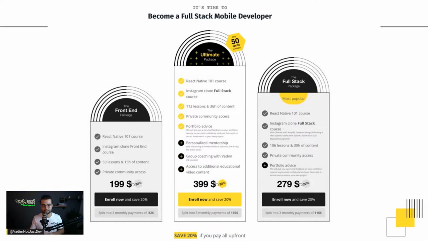It includes everything that the front end includes, and on top of that, the backend side for the Instagram course. Besides that, you also get portfolio advice by the end of the course. When you finish, we're going to help you set up your portfolio and start applying for jobs, so you can get a job as fast as possible and start earning a good salary as a mobile developer.